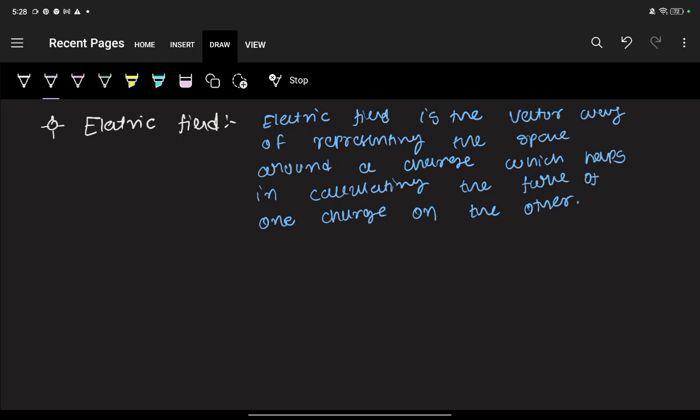Okay, let's say there is one charge, and there is our small q, our test charge. Let's say the value of this test charge is 1 unit. So the force on this small q charge due to this capital Q will be what? F will be k q1 q2 upon r square, right? Since here q2 is 1 coulomb.